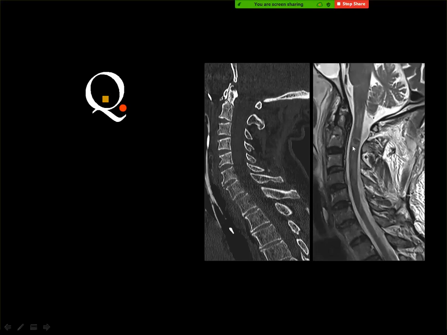Yes, and there is a lesion in the spinal cord, and this is a T2 weighted image, and the lesion is of low signal surrounded by a rim of bright signal.